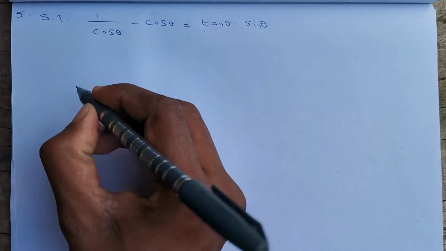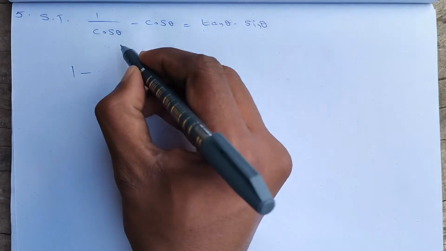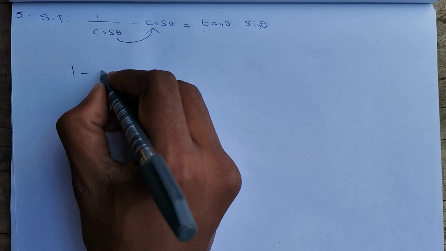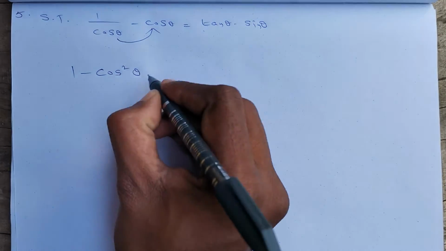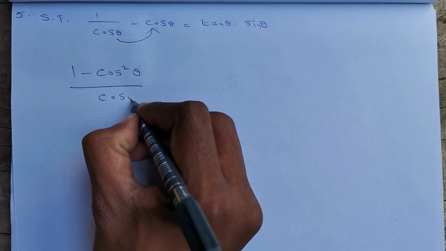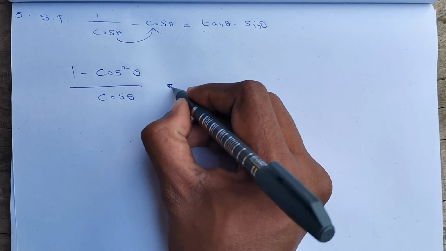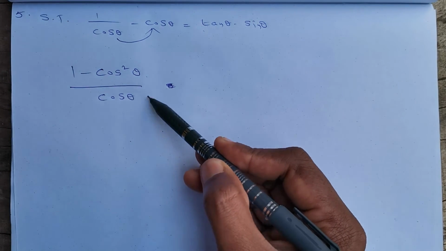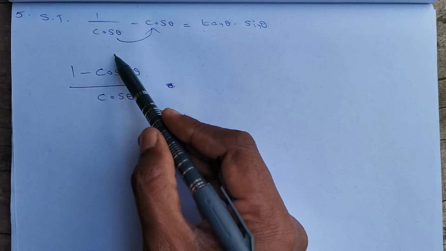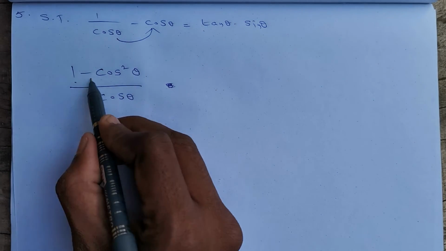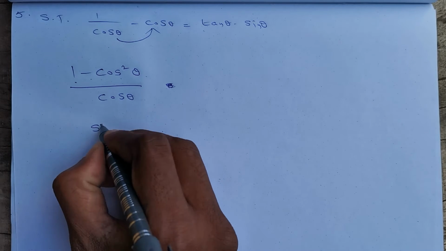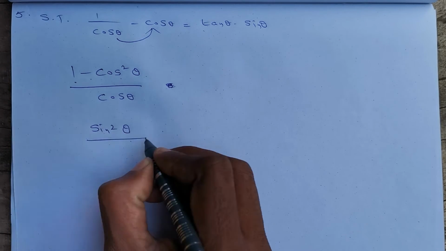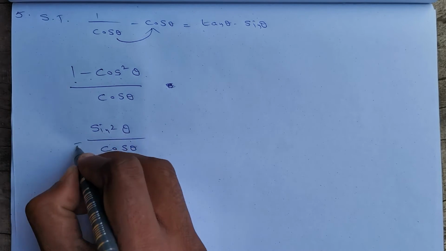So 1 as it is minus cos theta into cos theta, cos square theta, divided by cos theta. Now the total numerator by denominator is considered as only one term: 1 minus cos square theta, sin square theta, divided by cos theta.